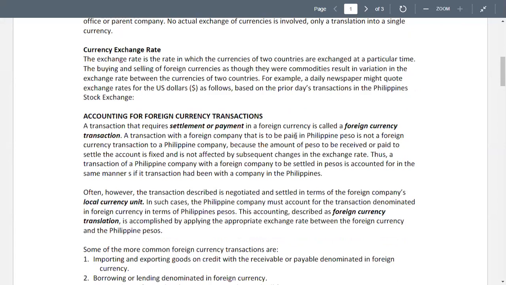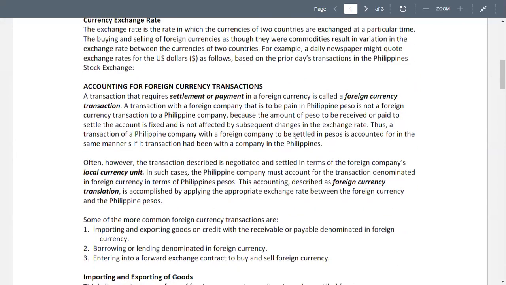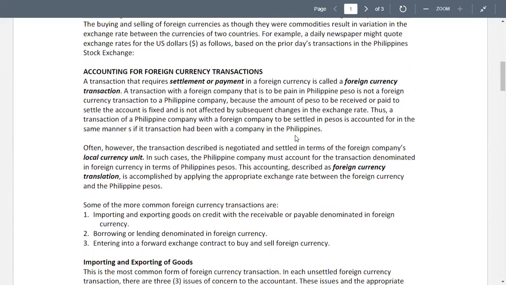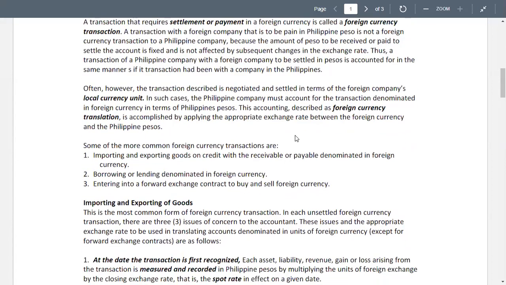Some of the more common foreign currency transactions are: number one, importing and exporting goods on credit with the receivable or payable denominated in foreign currency. Two, borrowing or lending denominated in foreign currency. Three, entering into a forward exchange contract to buy and sell foreign currency.